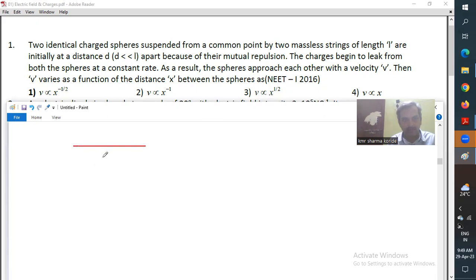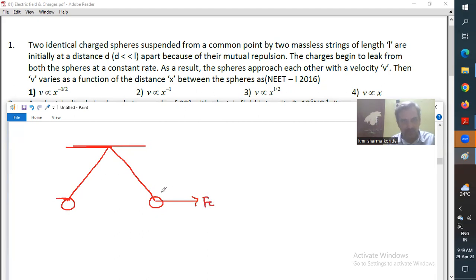So this is the rigid support. This is the first string. There is a sphere here. This is the second string, which is also connected to a sphere. Initially they repel with electrostatic force.